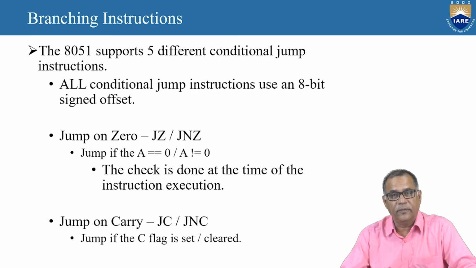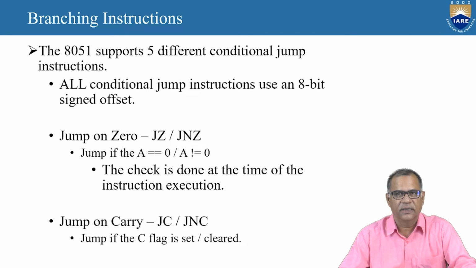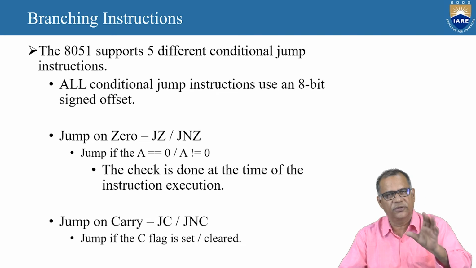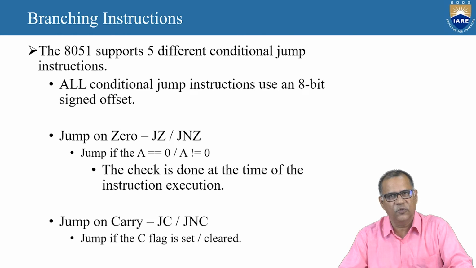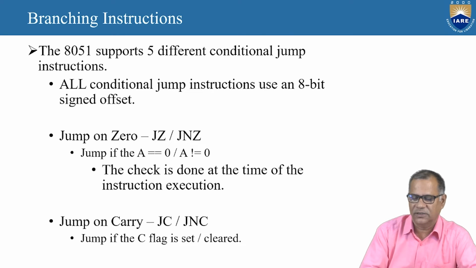And the 8051 provides 5 different forms of conditional jump instructions. In conditional jump instructions, you get branching only in the range minus 128 bytes to plus 127 bytes. That is only the range.